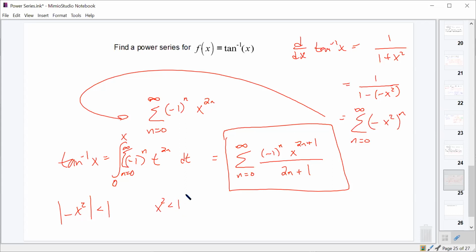So if x squared is less than 1, that's going to tell us that this converges from negative 1 to 1. Right? And so we're going to say at least negative 1 to 1. And we're going to, first off, just check and make sure our series looks correct in Desmos. And then we're going to try to evaluate this at the endpoints. Sound good? Everybody good? Makes sense? Everybody's on the same page here?